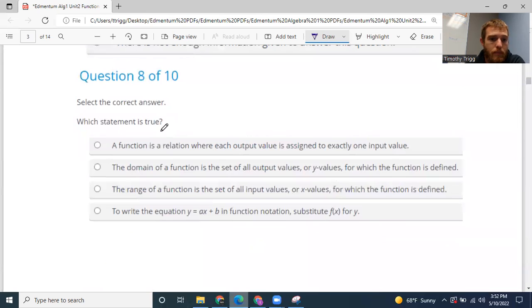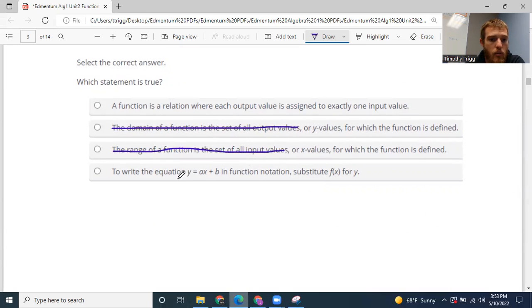Which statement is true? A function is a relation where each output value is assigned to exactly one input value. The domain of a function is a set of all output values. No, domain is all input values. The range of a function is a set of all input values. No, the range is output values.